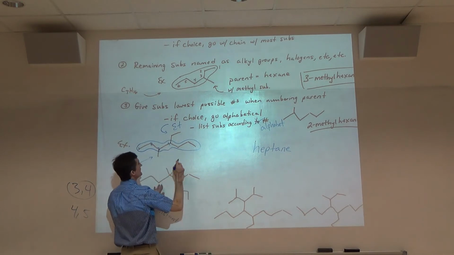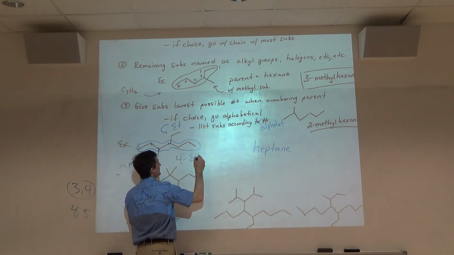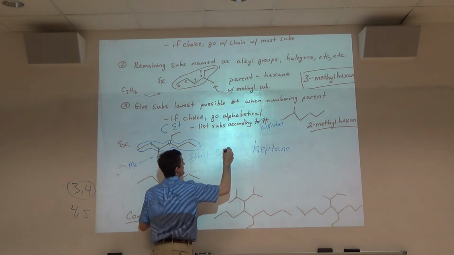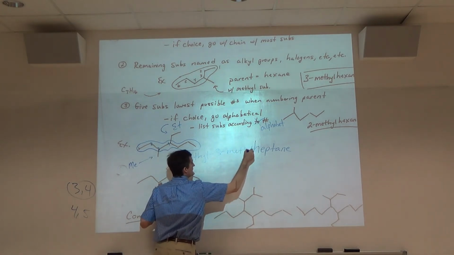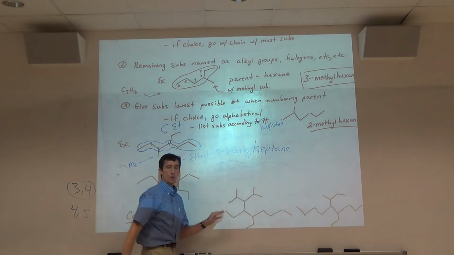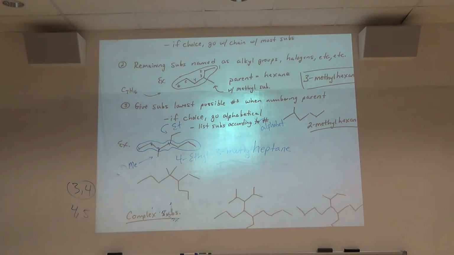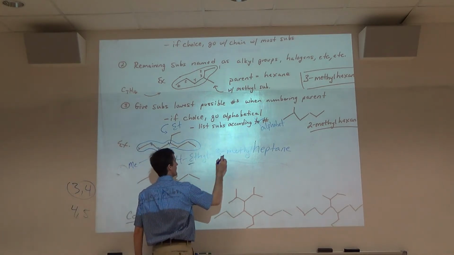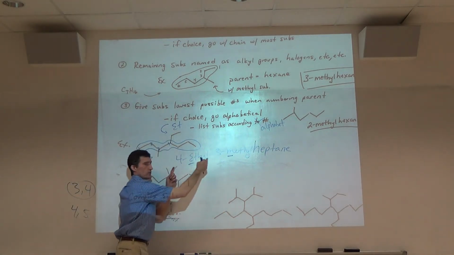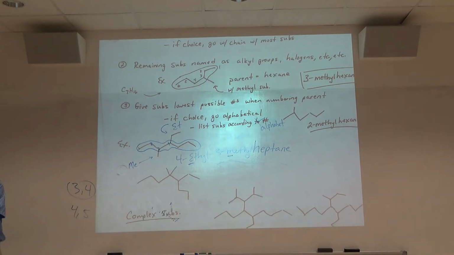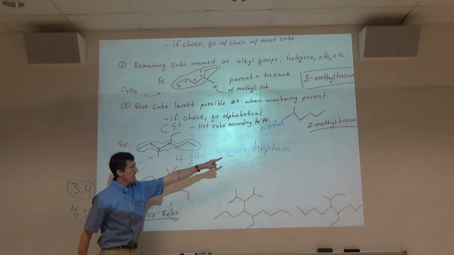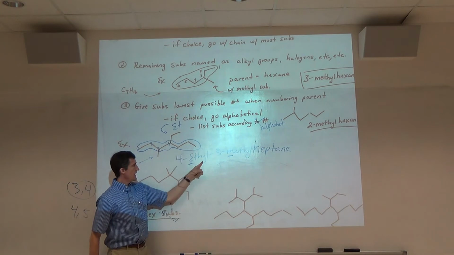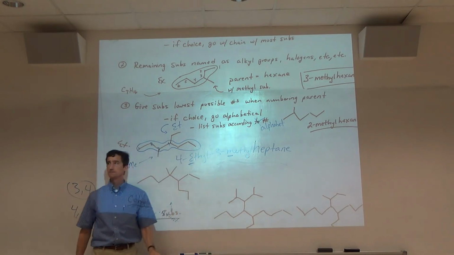E or M? 4 ethyl, 3 methyl heptane. And that's all one word. There's no dash between methyl and heptane, there's no space. E comes before M. We're not listing according to numbers. Everybody agree we have a heptane that has an ethyl at the 4 and a methyl at the 3?